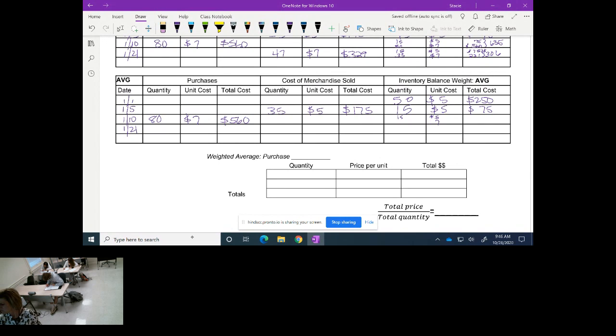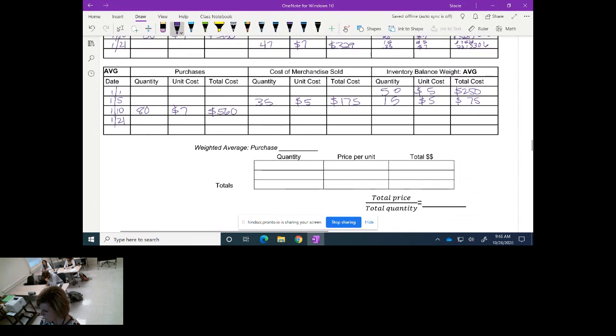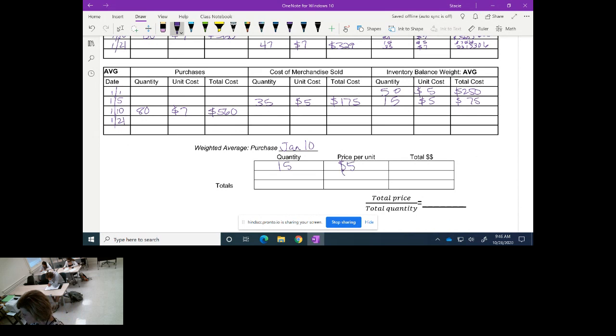No, actually, we've got to refigure it here. When you get to this purchase on January 10, we started out with 15 at 5, or 75.